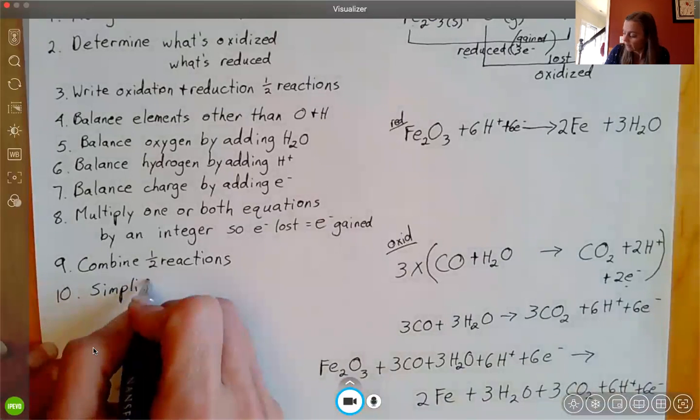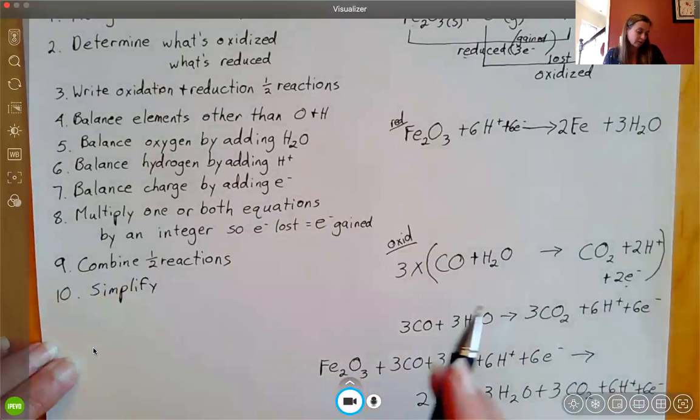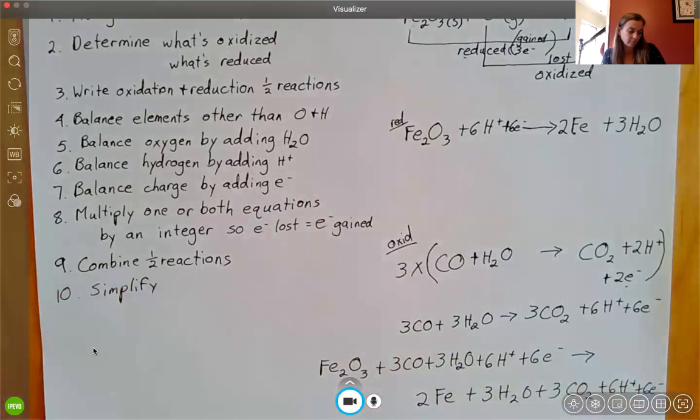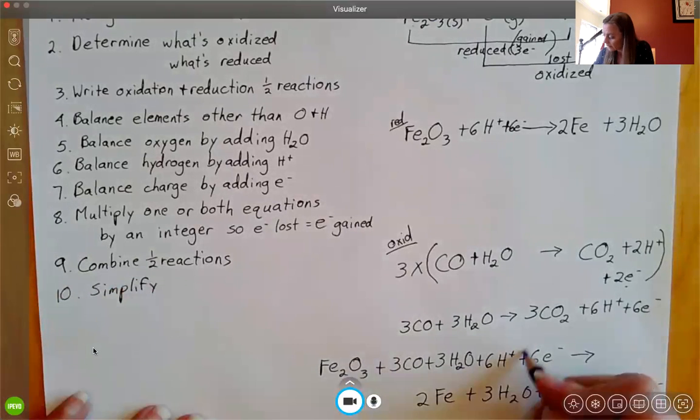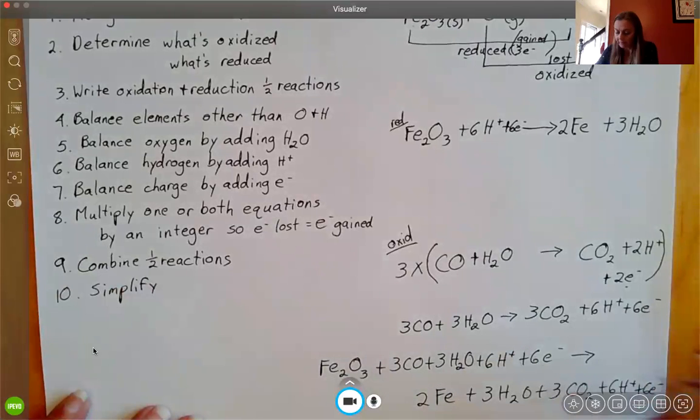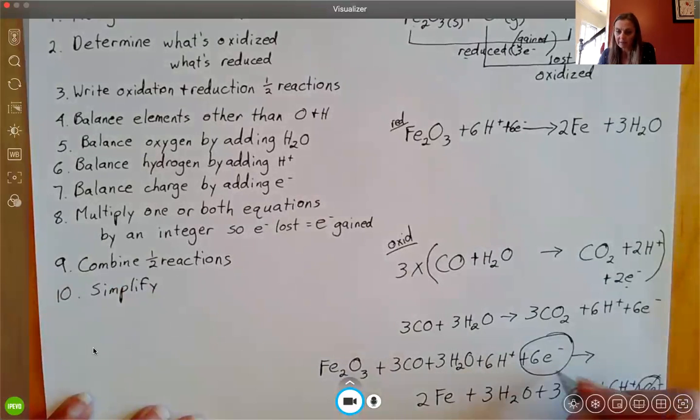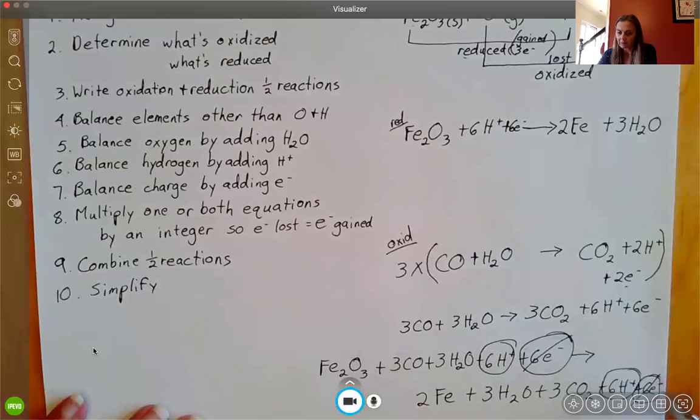And we can see that we have 6 electrons on this side and 6 electrons on this side. That's just not going to work, are they? We can simplify and get rid of them. We have 6 hydrogens on the product side and 6 hydrogens on the reactant side. We can simplify and get rid of them.